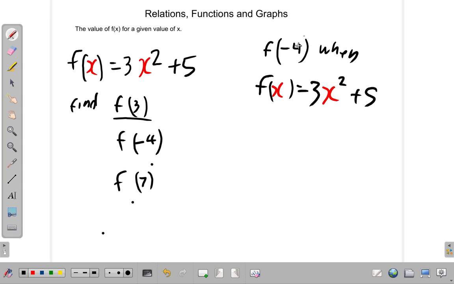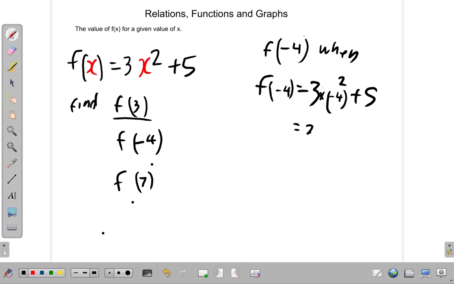Now what we have is negative 4. So wherever x is, we will replace it with negative 4. So f of x becomes f of negative 4. 3 multiplied by x squared will become 3 multiplied by negative 4 squared. We put the negative 4 in a bracket, squared.